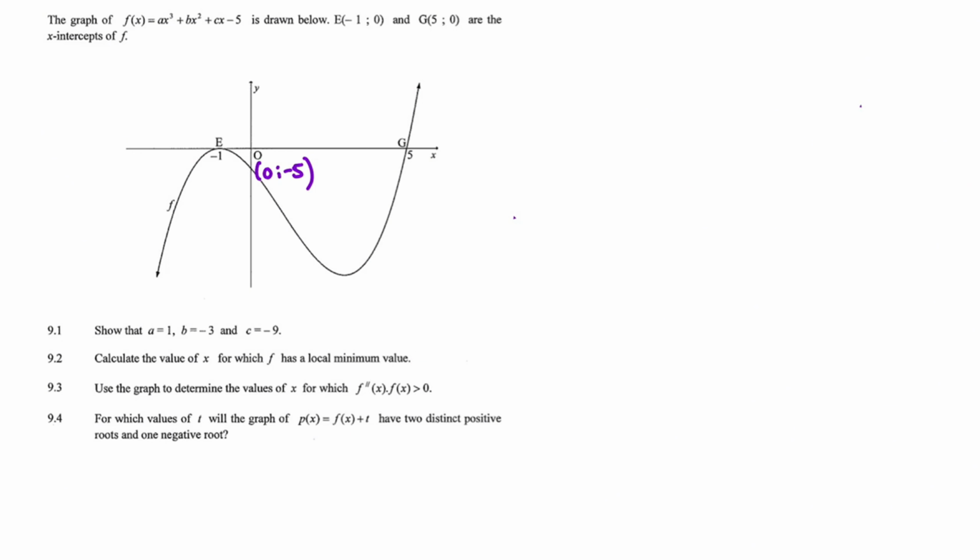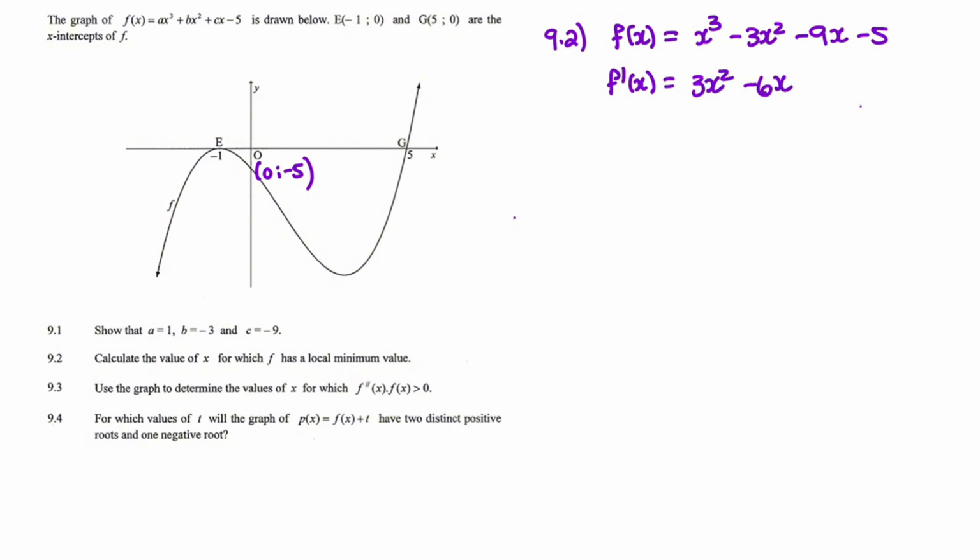From our previous question, we have the full equation of f(x) as x cubed minus 3x squared minus 9x minus 5. If I take the first derivative of f(x), I have 3x squared minus 6x minus 9, and that must be equal to 0 at the local minimum and maximum.